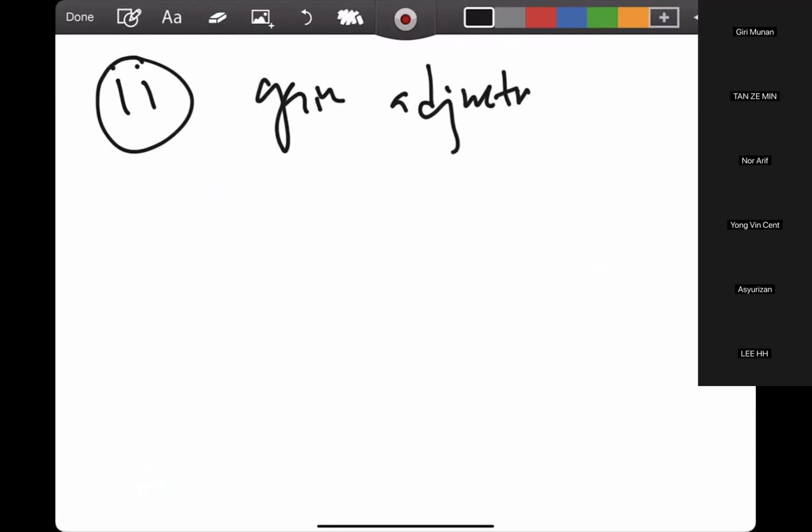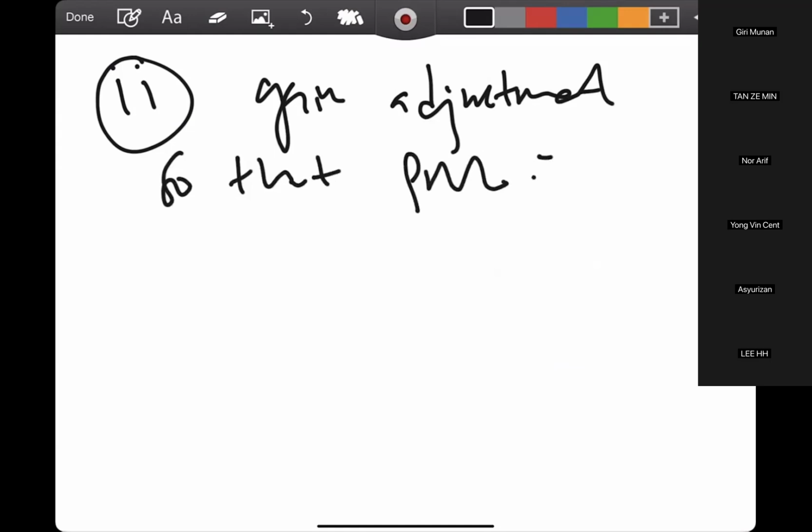Next. So gain adjustment so that phase margin is equal to 48 degrees. Okay.